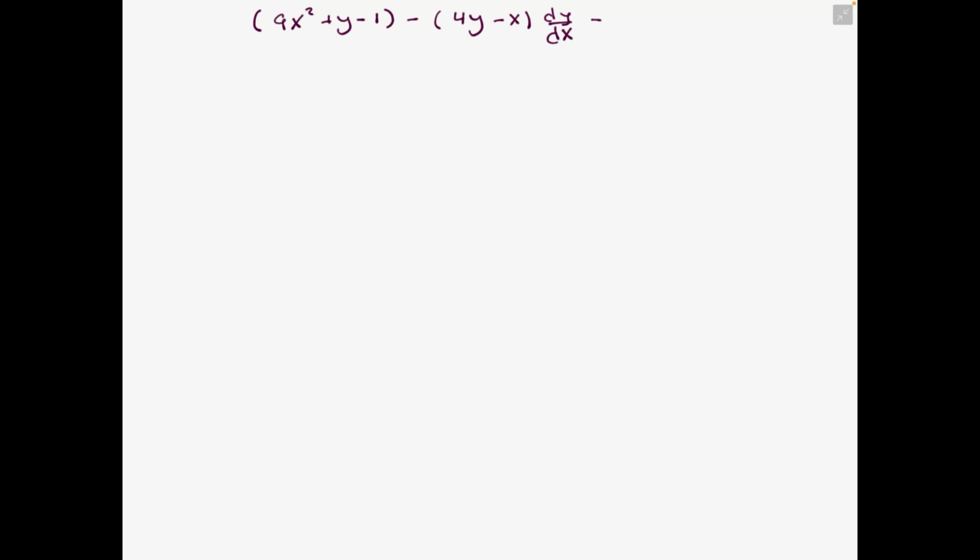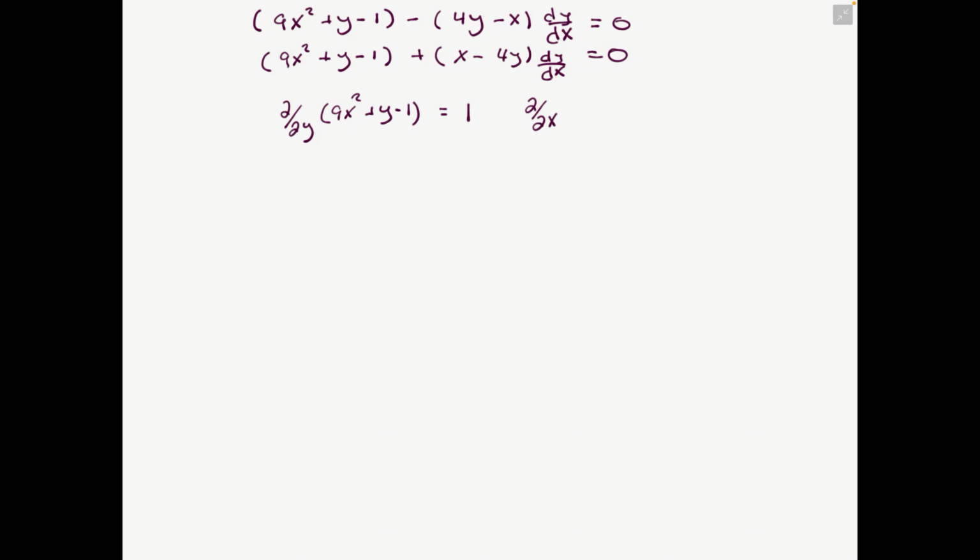Okay, here's a little more complex one. It's only by virtue of it being a bigger polynomial. 9x squared plus y minus 1 plus x minus 4y dy dx is 0.